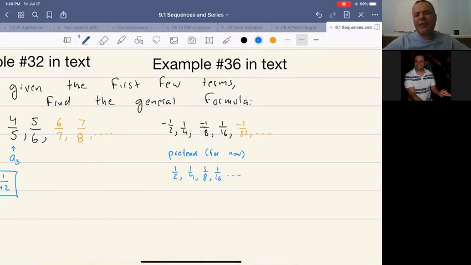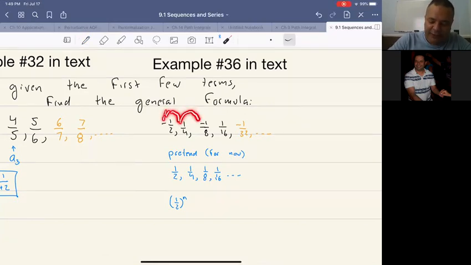If we just had that, then I think you could all say, okay, 1/2 to the n. What about the negative sign? Well, whenever the sign is flipping, so it's negative, then positive, then negative, then positive, that means you're going to have a negative 1 to a power.